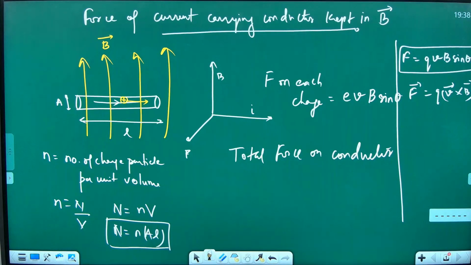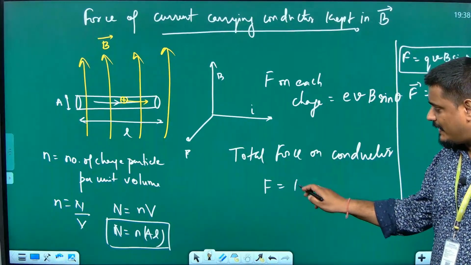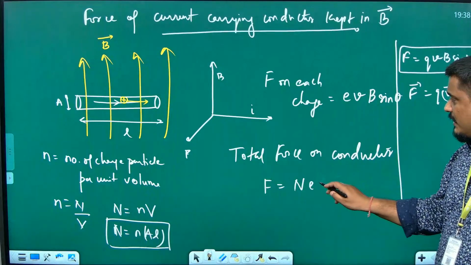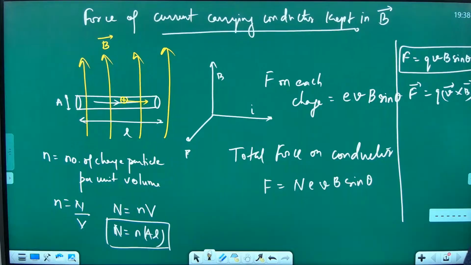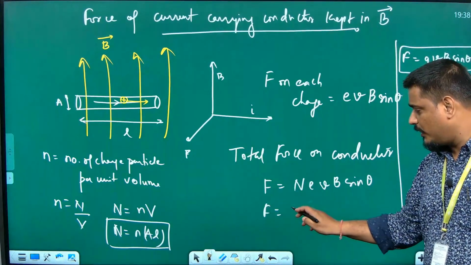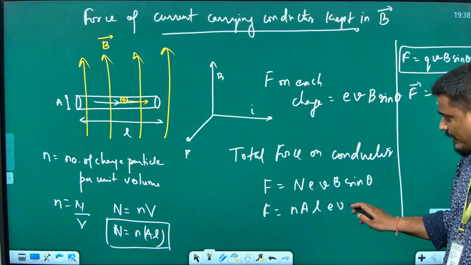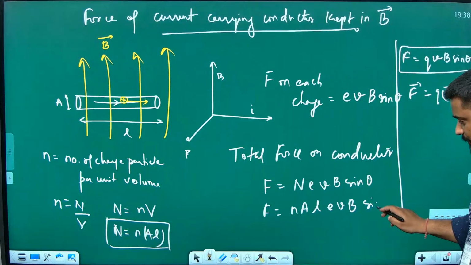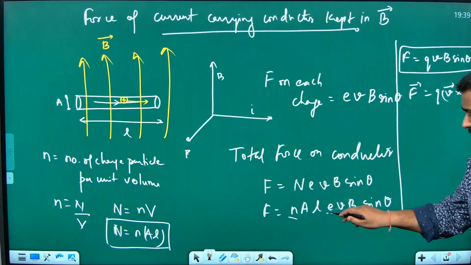So the total force F is equal to n times of this, qvB sin theta. And the number of charges is nAL. So F will become equal to nALqvB sin theta. Don't you agree?